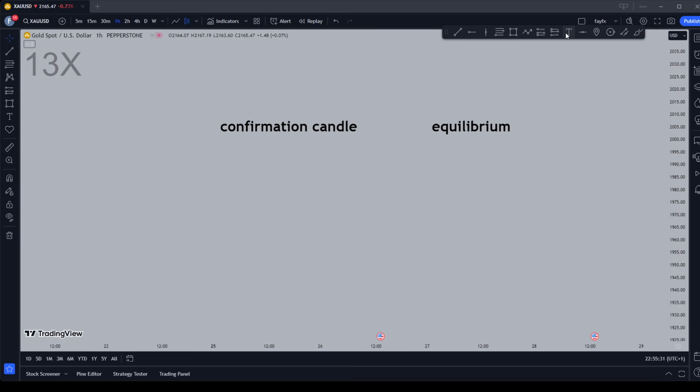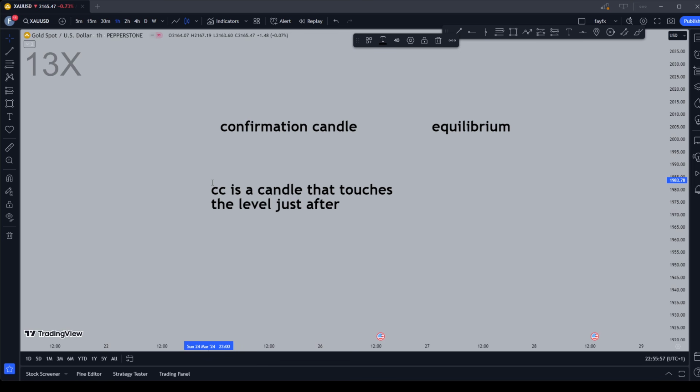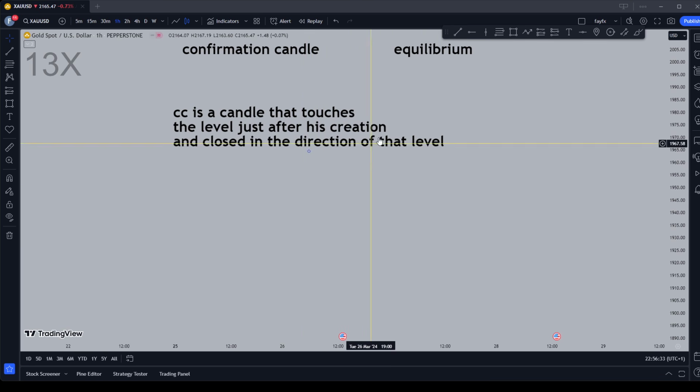A confirmation candle, remember this, CC, is a candle that touches the level just after its creation and closes in the direction of the level. Let's give an example.